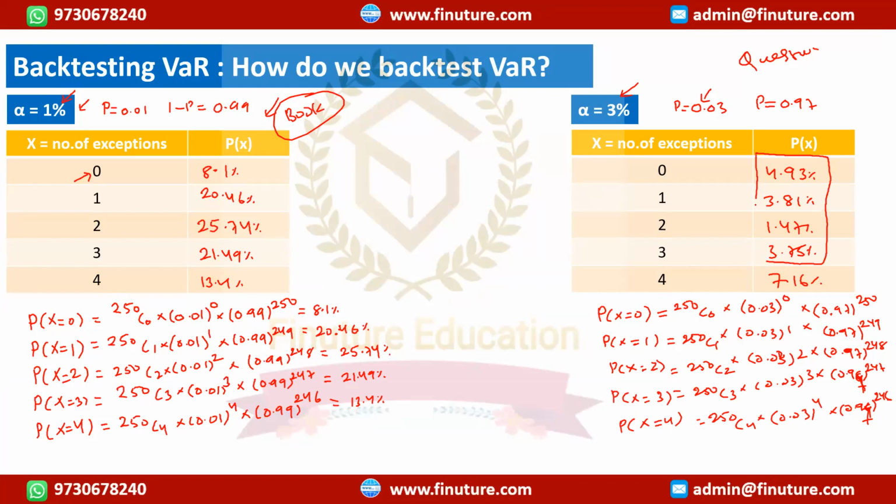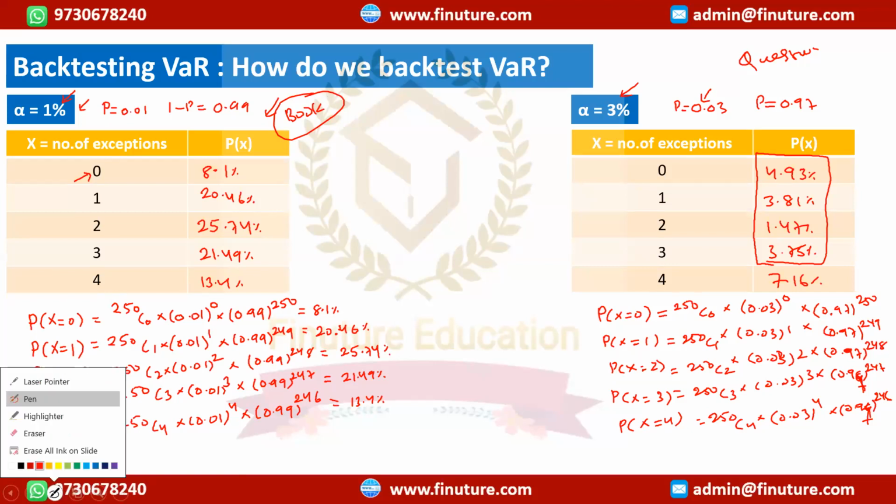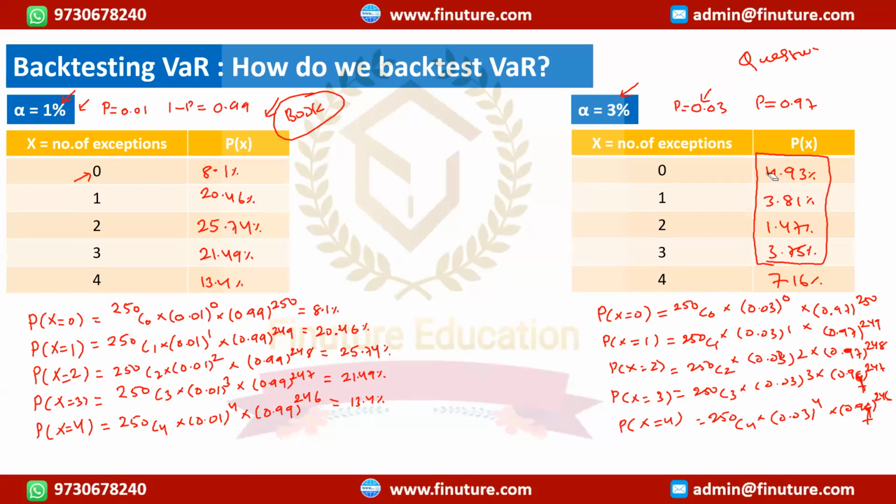So the addition of these would give you, say, 4.93, and just give me a moment. I think there is a problem with this. So please do calculate it. I have done it in Excel. I'll just share it right away.